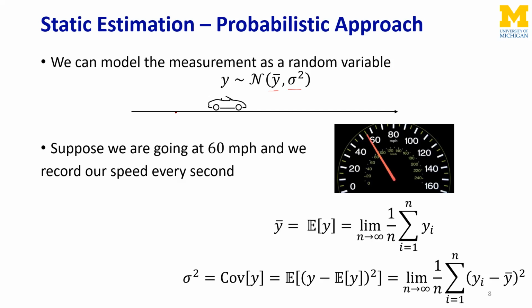Let's say you're driving and you're going at 60 miles an hour, and you record your speed every second, and you keep recording that. Somehow you know that the car is always going at 60 miles an hour. And then every second you keep recording your speed, looking at your dash.